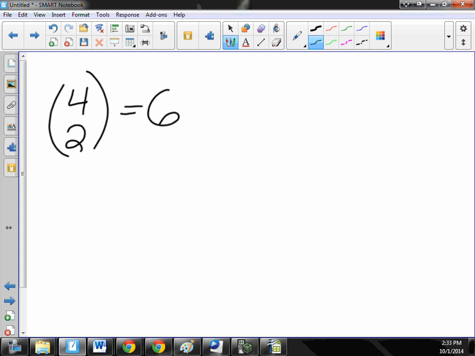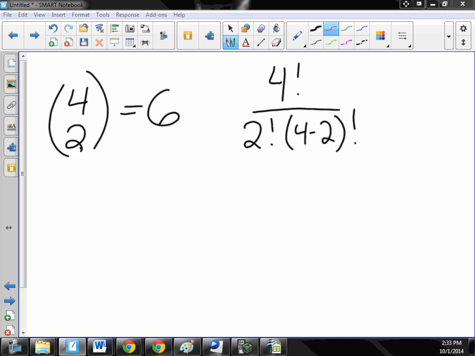We could use the calculator, or you could actually do the formula, n factorial over r factorial times n minus r factorial. So this is probably worth seeing. This is equal to 4 factorial divided by 2 factorial times 4 minus 2 factorial. Aubrey's a little confused.